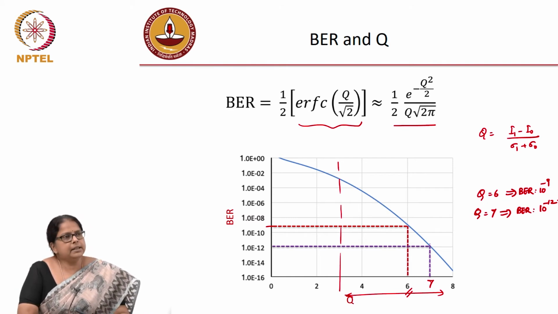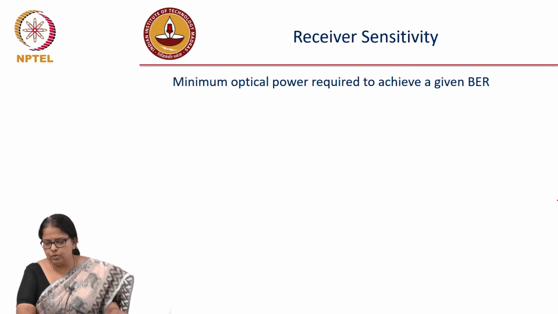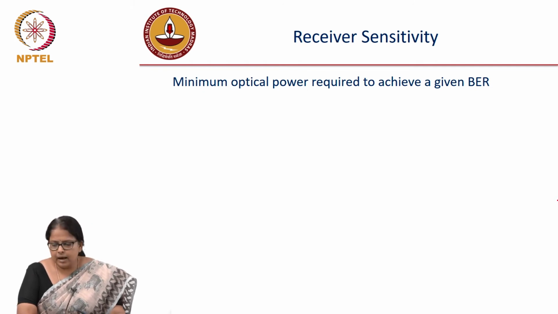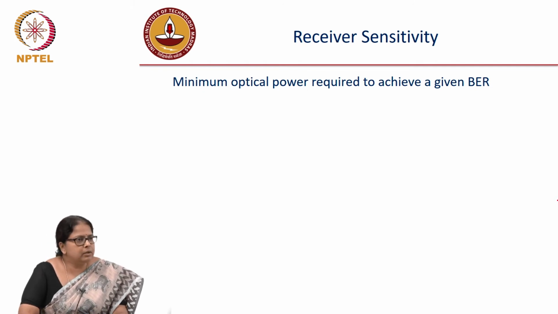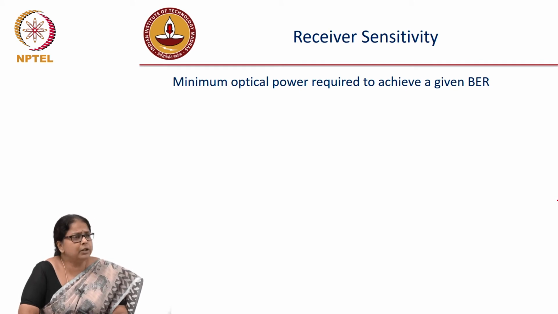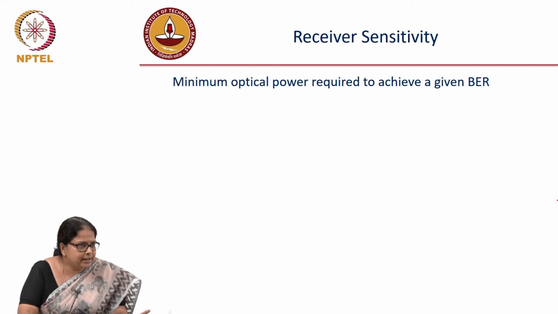Now the first performance metric was bit error rate. The second performance metric was something to do with the receiver, which is receiver sensitivity. So now we will try to quantify the receiver sensitivity. As far as the English word goes, receiver sensitivity would mean the minimum power that the receiver, or the photodetector, can detect.